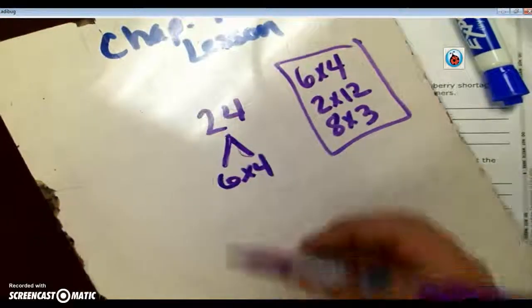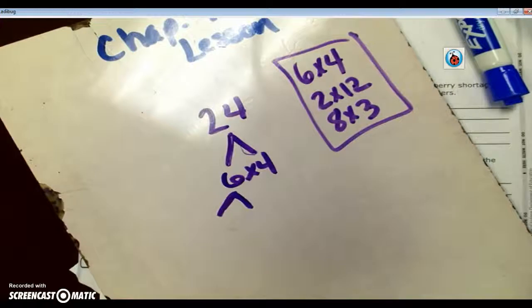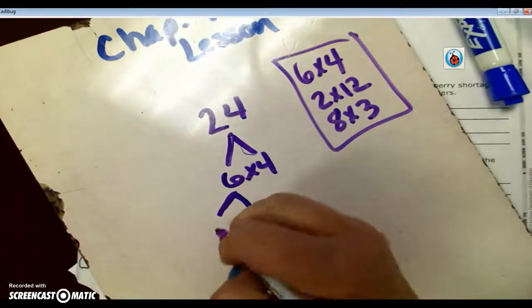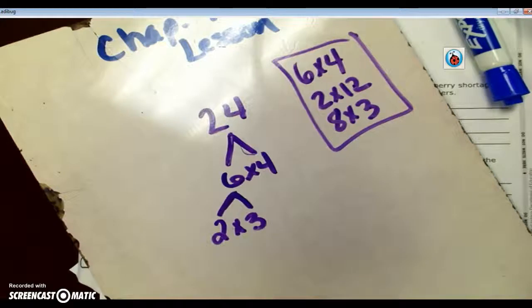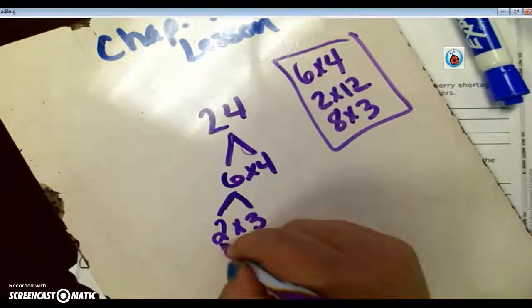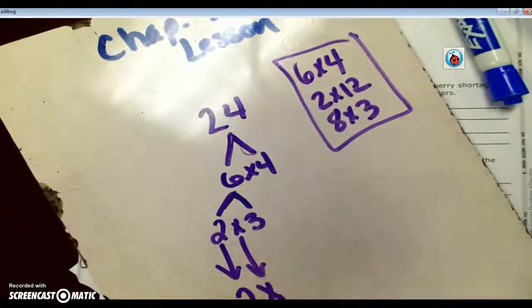Okay? So when I look at 6, is 6 prime? No. What two numbers can I multiply together, besides 6 and 1? What two numbers can I multiply together, Pierce? 2 times 3. Okay? Is 2 prime? Absolutely. Take it to the bottom. Notice my multiplication sign follows.